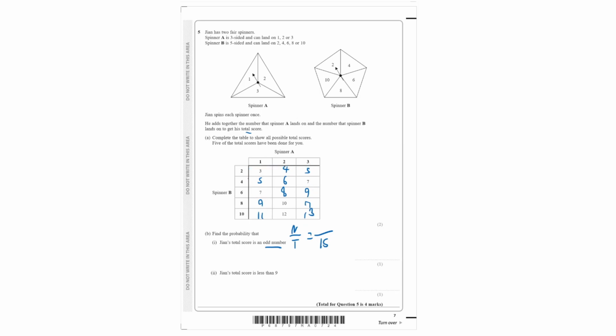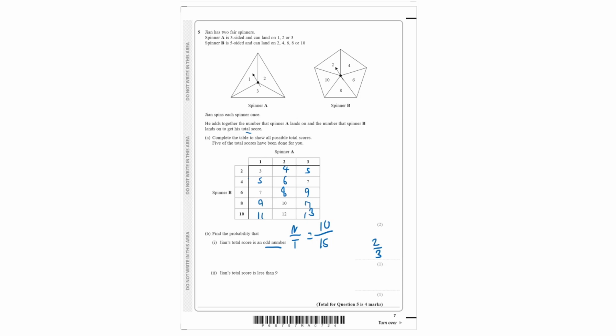Now, the number of times is how many odd numbers there are. So we have 1, 2, 3, 4, 5, 6, 7, 8, 9, 10. We have 10 possible times. So the probability is 10 over 15 or 2 over 3.